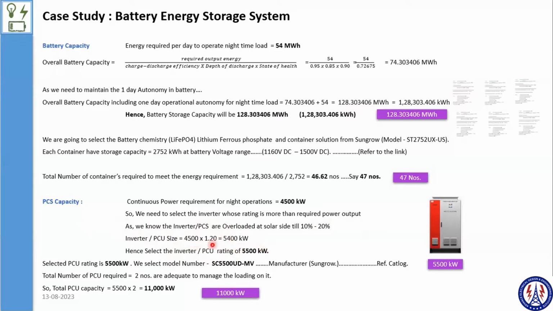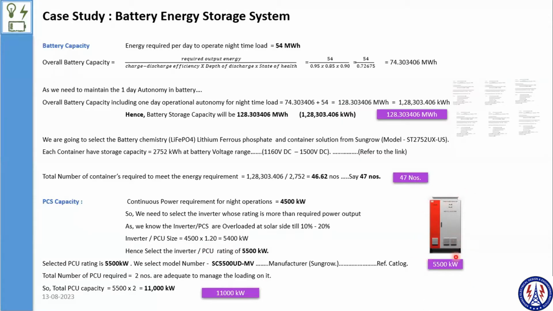So we can say a higher rating of the inverter, similar to the inverters on the solar side, which probably get overloaded, right? But here you don't stress the PCS. You operate it up to 85%, 90% of loading instead of its full capacity.